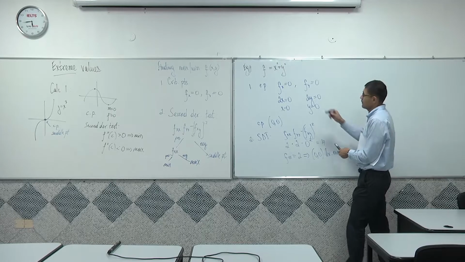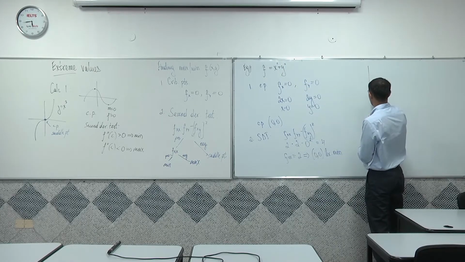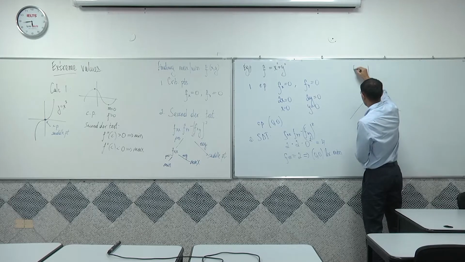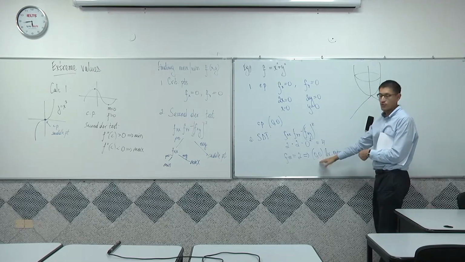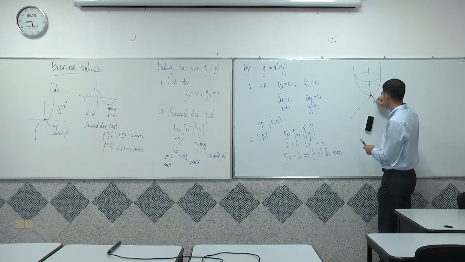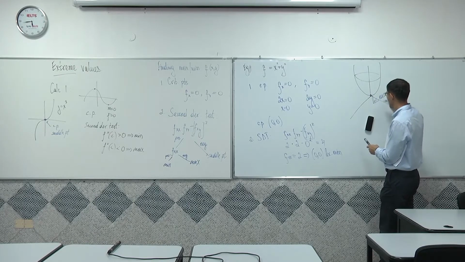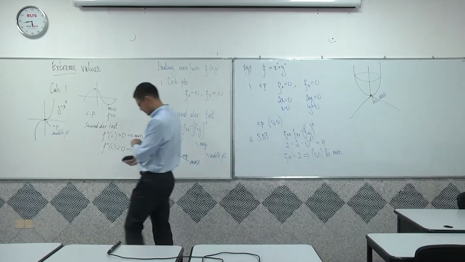And indeed, if you remember, we talked about the graph of this function. The graph of the function is a ball, and you can see that at 0, 0, the function has a local minimum. Right? Let's look at another example.